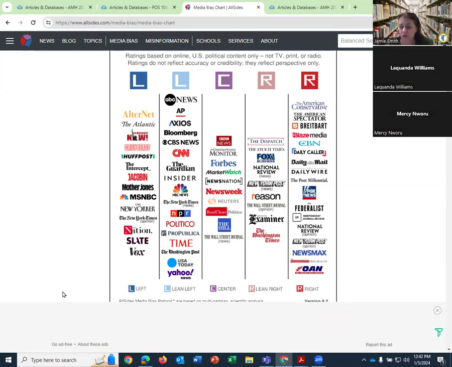So it goes straight across: the far left, the left-leaning, the center, the right-leaning, and the far right. And they might tell you to pick the same topic, but they want you to use resources within each of these items. This way you can get a better perspective of how news can be biased.